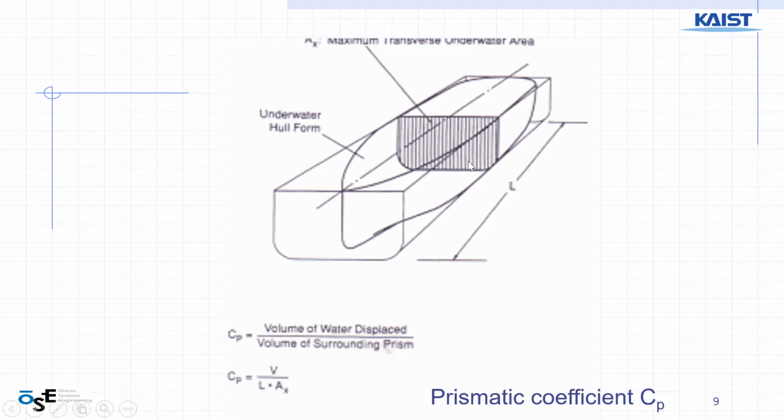The real ship is above, the volume of the ship underwater. So the CP number shows us how slender the ship is at the front and back side.